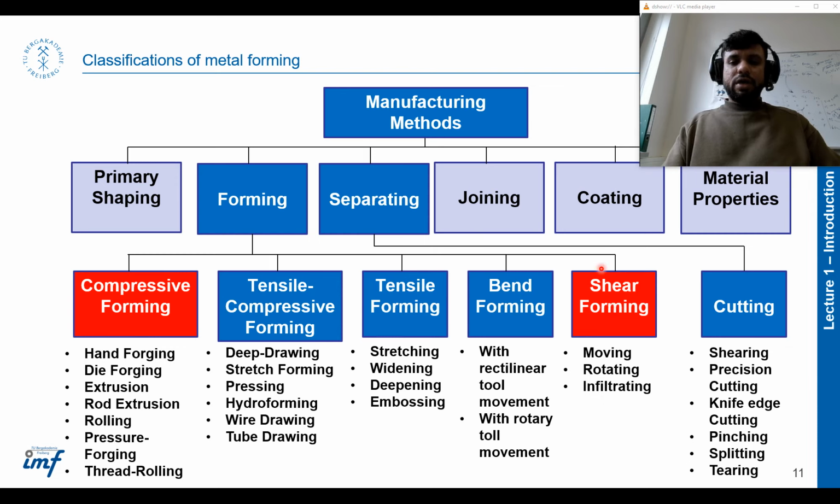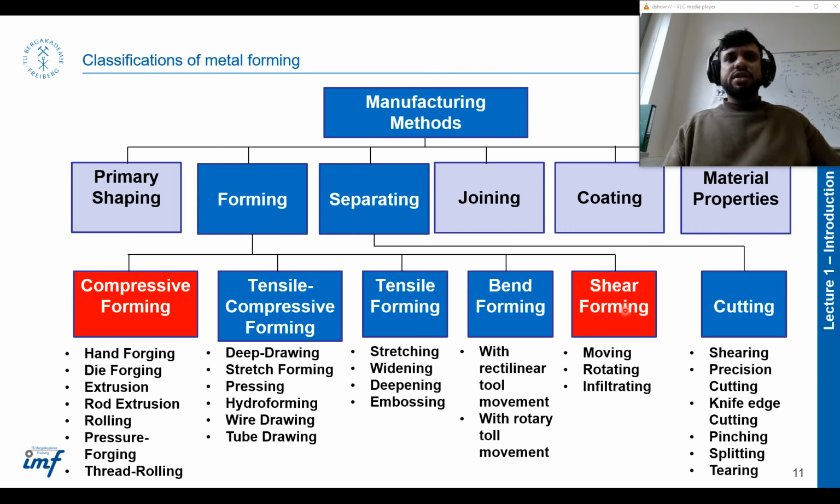And when we look at their examples, we see that compressive forming is usually when we are applying compressive load. Tensile compressive forming is generally when we are applying different types of loads at different deformation positions. Tensile forming is only when we are stretching it, so basically applying tensile load during forming, and bending is of course when we are bending it.